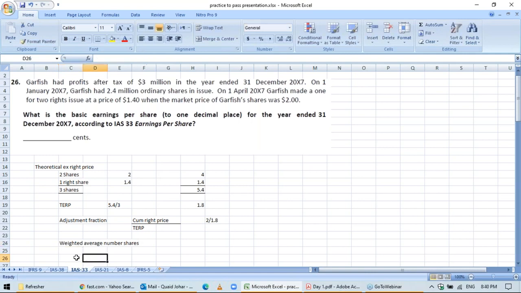So the weighted average number of shares will be: the company was having 2.4 million ordinary shares on 1st of January 20x7.